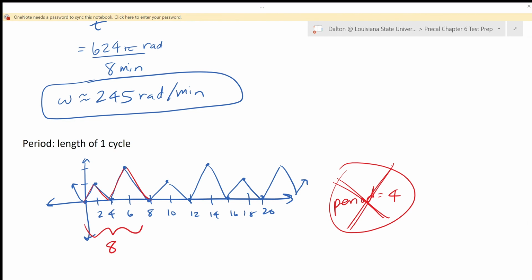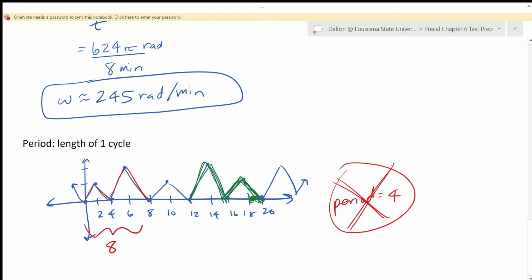Perhaps you see it differently. Perhaps you started at 12, and you said, okay, I've got a big mountain at 12, and then I've got a smaller mountain from 16 to, it should be 20. No, I'm lying, 16, and it should be at 20. So from 16 to 20, I have another mountain.